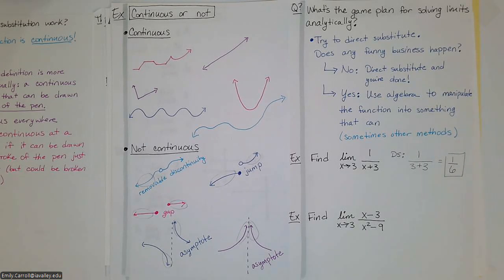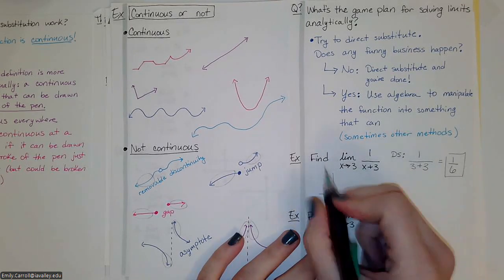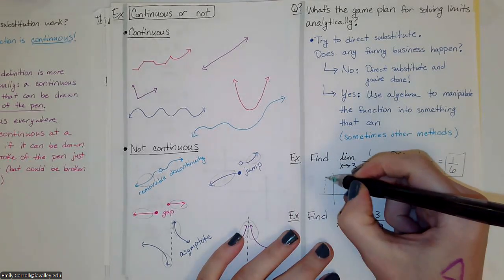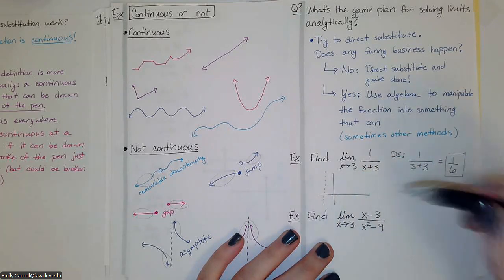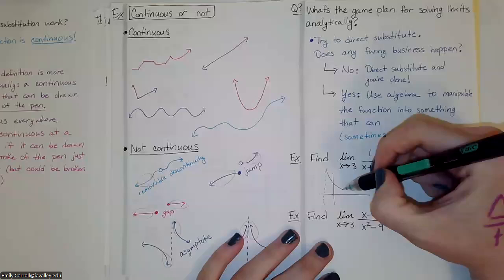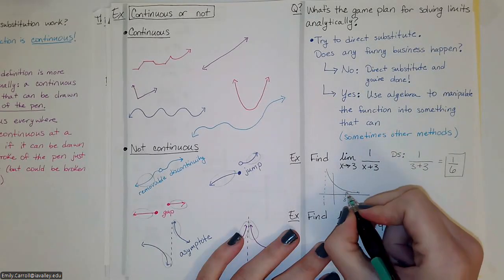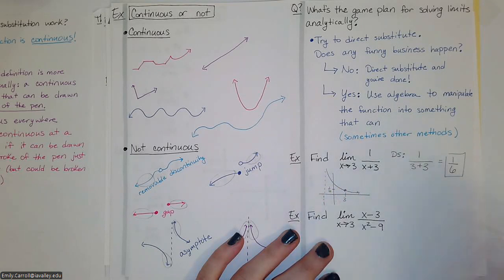Cool? If I look at the graph of this function, what's happening near 3 is it's going to have a vertical asymptote at -3, but I don't care about that because I'm going to +3. It looks like this. If this is +3, here's the y value of 1/6.